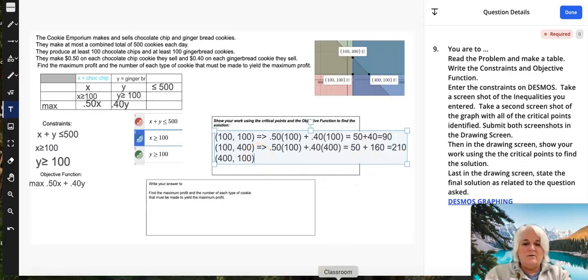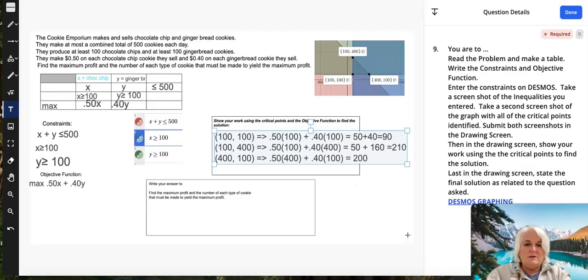Okay, and then over here I have equals 0.50 times 400 plus 0.40 times 100, and that is equal to, okay, 4 times 5 is 20, so that would be at the 2, and then add the 2 zeros by the 100, so that would be 200.